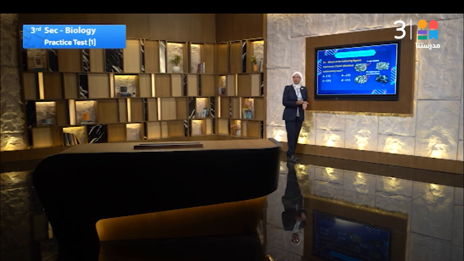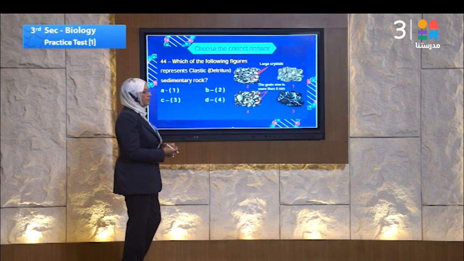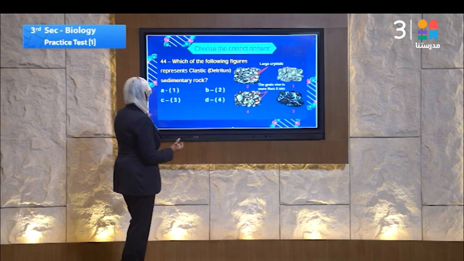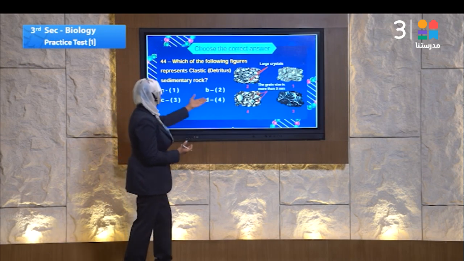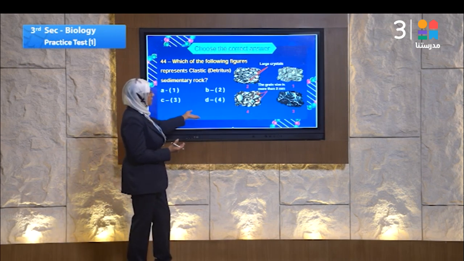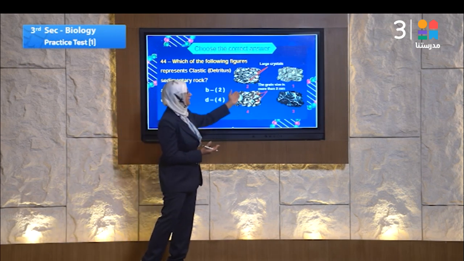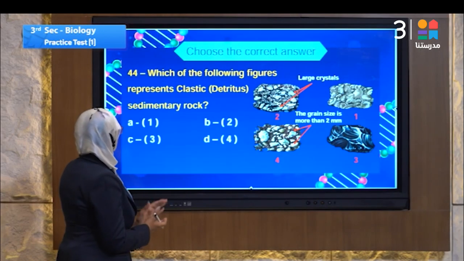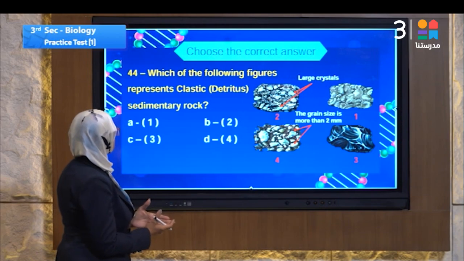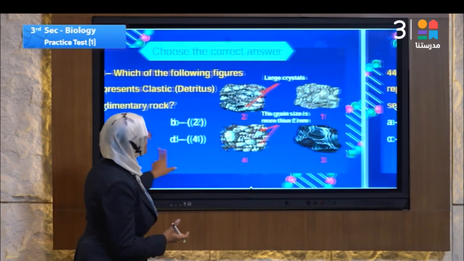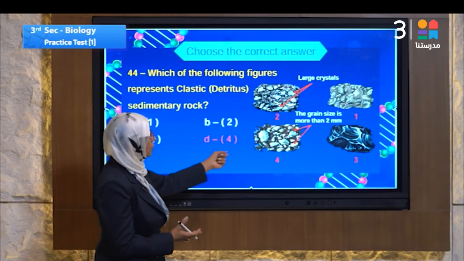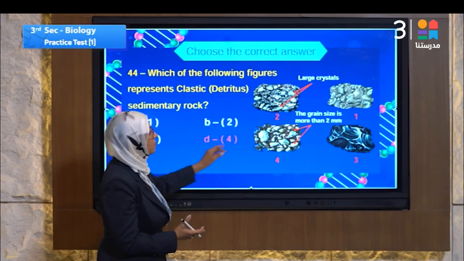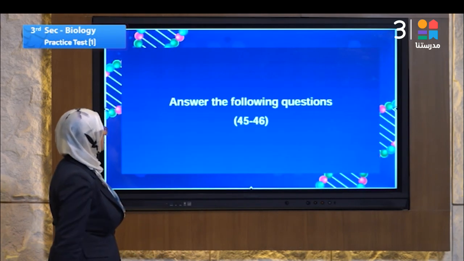Sedimentary rocks are a part of rocks or a fraction or sediments that's derived from the igneous rocks. Which of them are sedimentary rocks? 1 or 2 or 3 or 4? It must be 4 because the grain size is more than 2 millimeters. So it must be sedimentary rocks, calcitic. The answer is number 4, because the grain size is more than 2 millimeters.